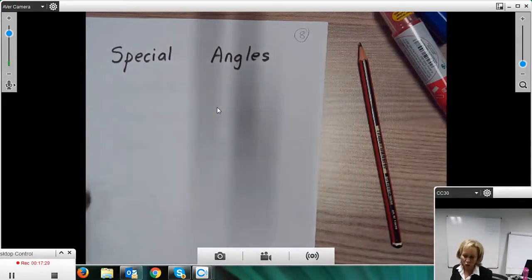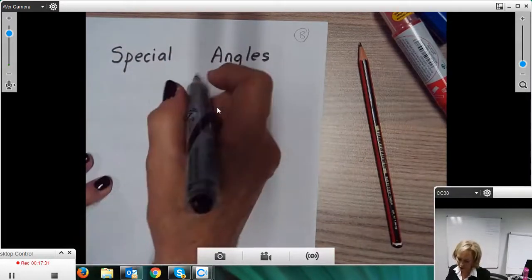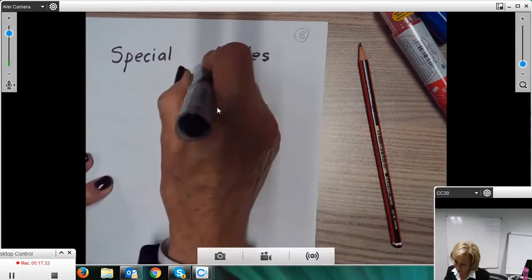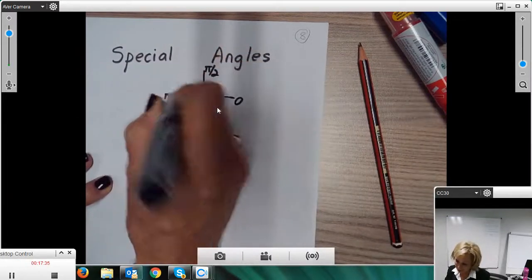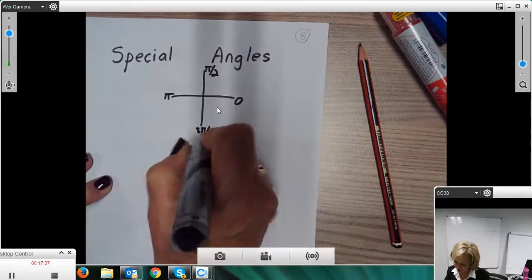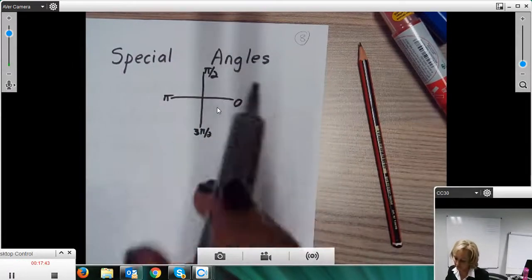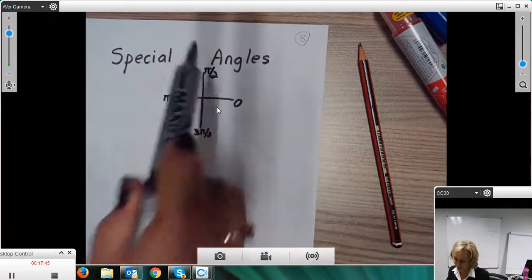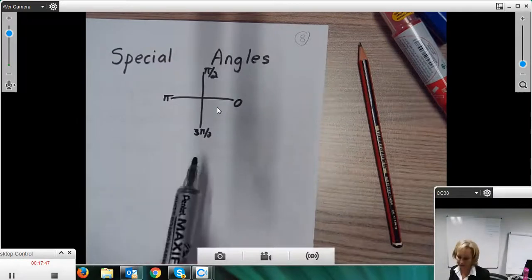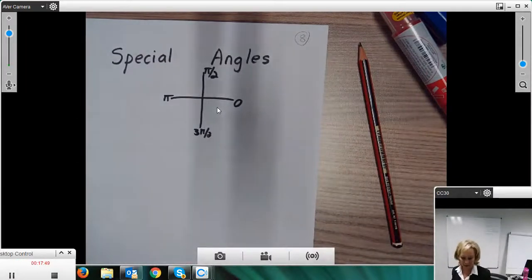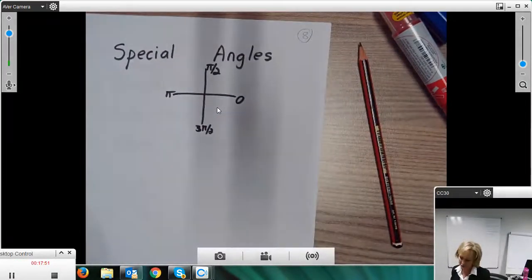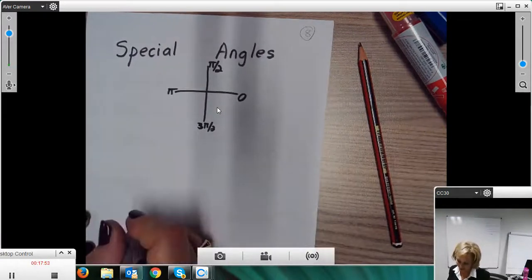Well, we can talk about the angles 0, pi by 2, pi, 3 pi by 2. Those can also be regarded as special angles, and those we can read off because they're on the positive x-axis, the positive y-axis, the negative x-axis or the negative y-axis. But I'm more referring to the other angles.